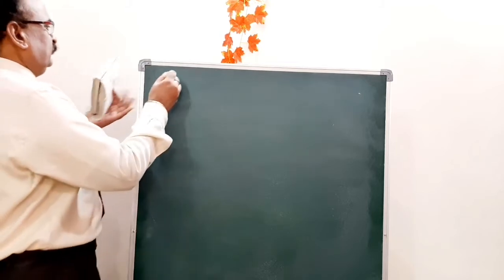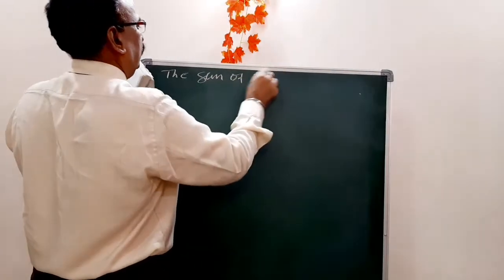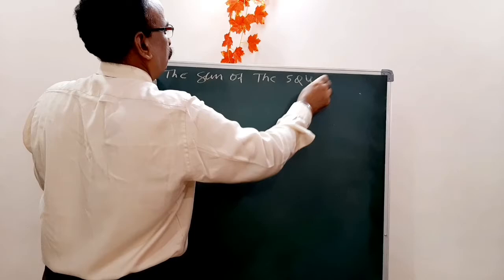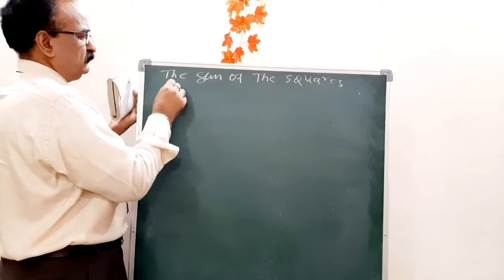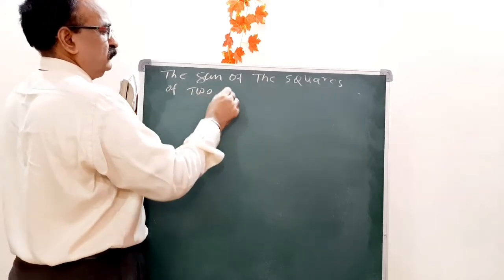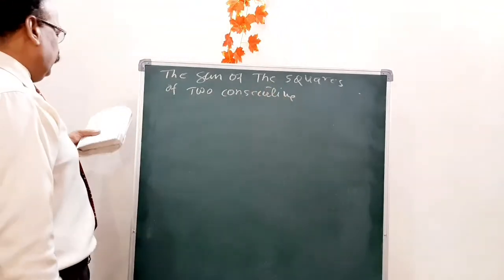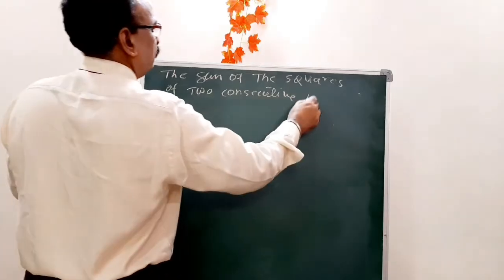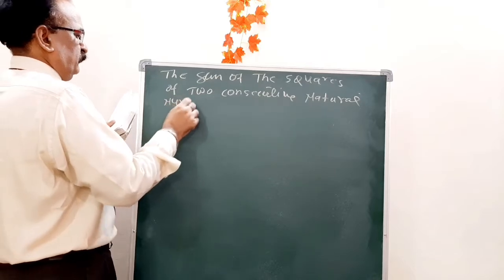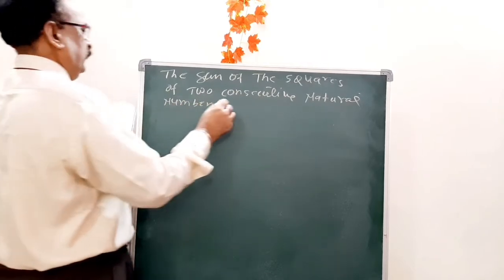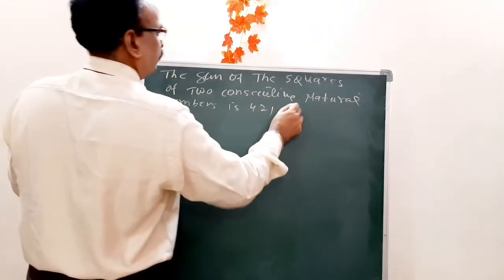The sum of the squares of two consecutive natural numbers is 421.